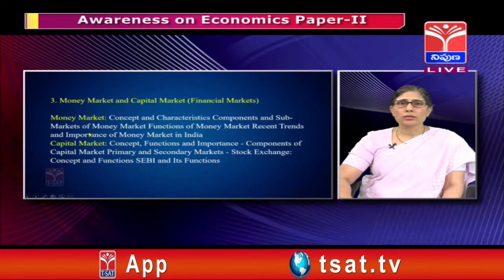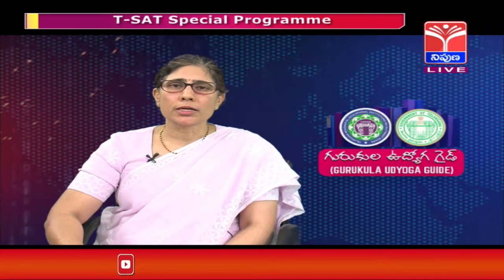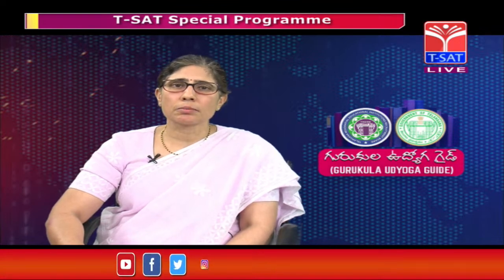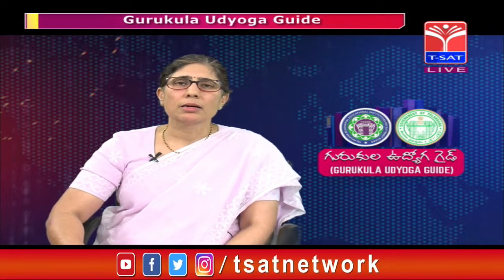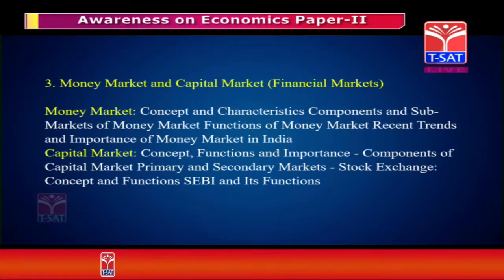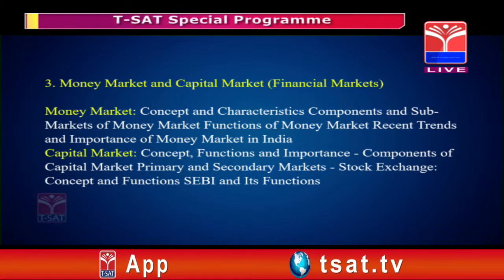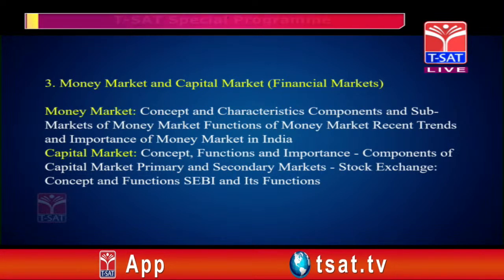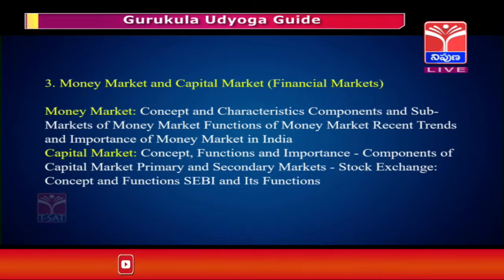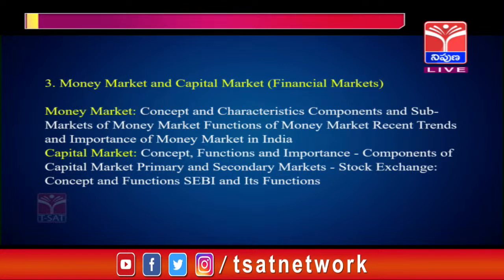Moving on to our third part, which is money market and capital markets. The two important classifications of the financial markets are money markets and capital markets. Money markets are the markets where funds are borrowed and lent for short-term credit, or money is borrowed and lent for a short period of time, ranging from an overnight loan up to 364 days, and all the commercial banks and the Reserve Bank of India are an integral part of the money market in India.